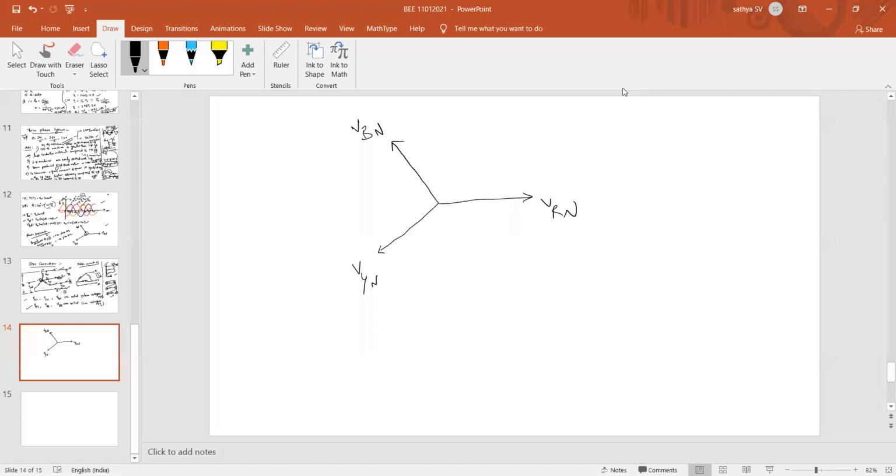The resultant vectors come from these phase voltages RN, YN, BN. We need to obtain the line voltages. So how should we obtain them? Shall I extend this to the negative as minus VBN? Here you just need to apply vectors from your mathematics. By extending this, may I get the resultant vector here? What is the resultant vector?